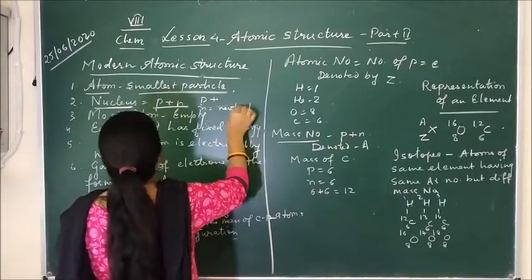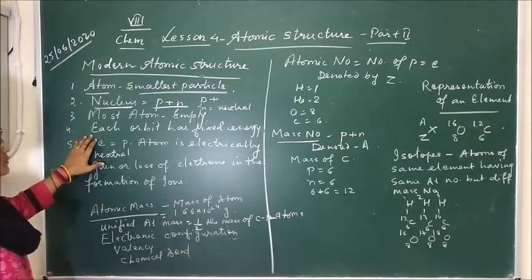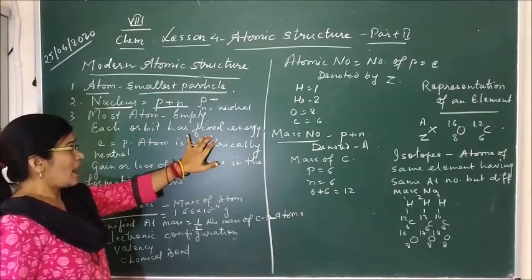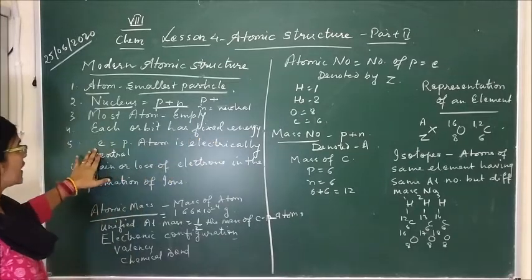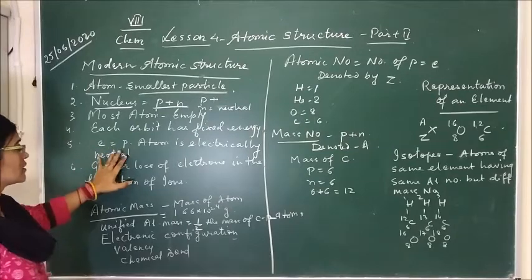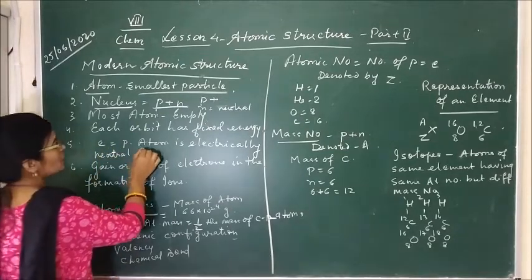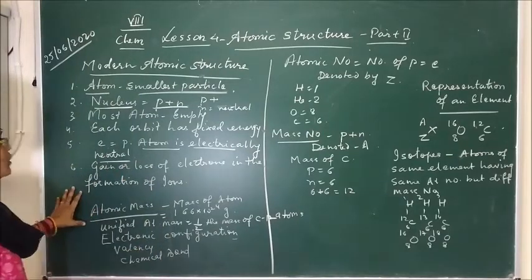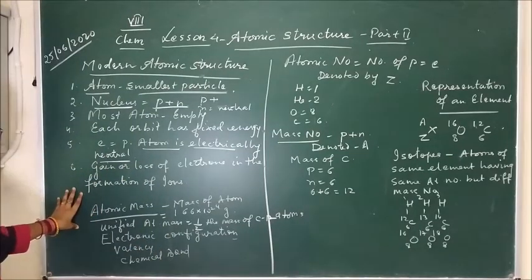And each orbit in the atomic structure has fixed energy. Second is that the number of electrons will be equal to the number of protons, meaning the atom as a whole is electrically neutral. This was also explained in the modern atomic structure.